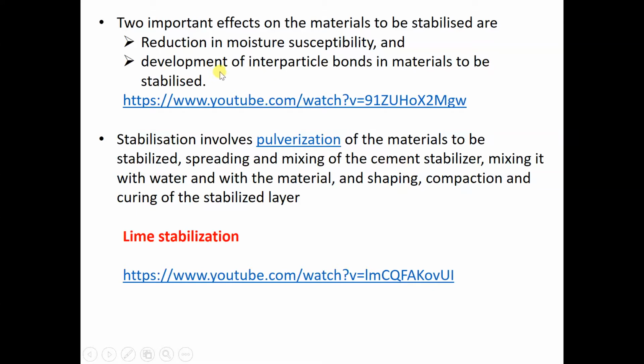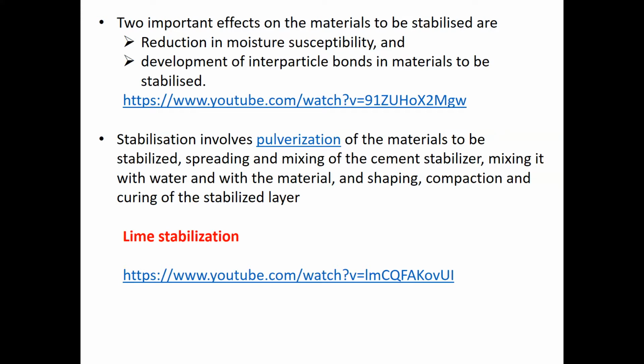And secondly, development of interparticle bonds in the material to be stabilized. So it can bond the aggregates, the subgrade, for example, the subbase or the base course. If you stabilize with cement, it will bond the aggregate together.